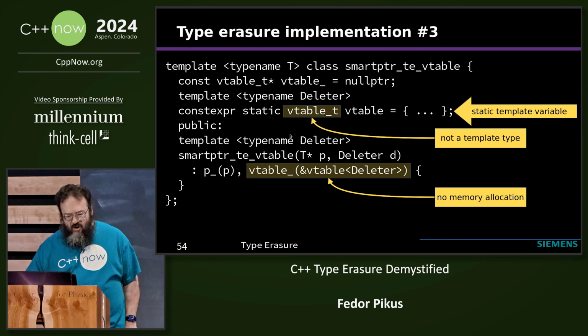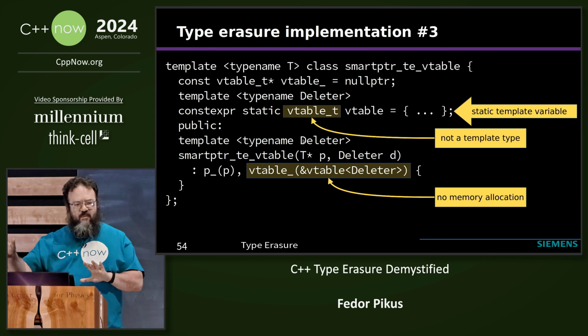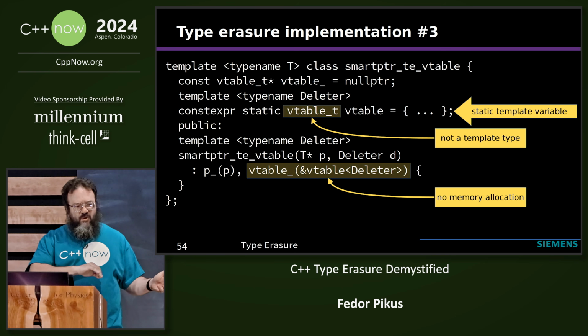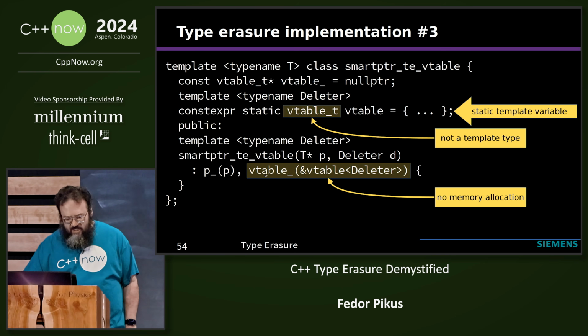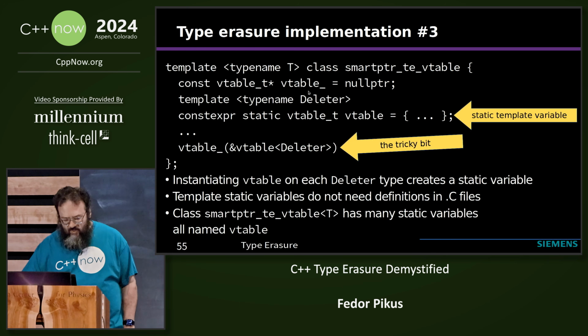Now comes my constructor, and the constructor again is the place which hooks up the array's type with all the machinery that is going to hide it and execute it. So here is where the magic happens. My pointer is assigned to an address of this static variable. So let's see what this is going to do. I have this vtable t pointer assigned to an address of an instantiation of this template.